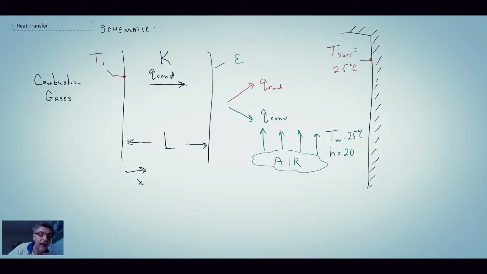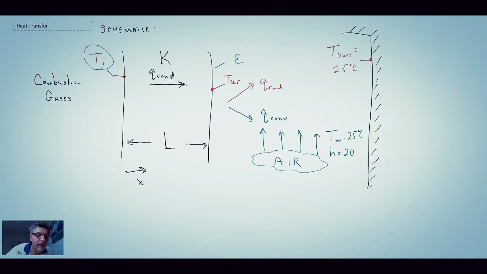Okay, let's see here. I'm going to put a surface temperature here, T surface. All right, so we are after this temperature here. But when approaching this type of problem, we need to come up with an equation where we have all of the different components involved.